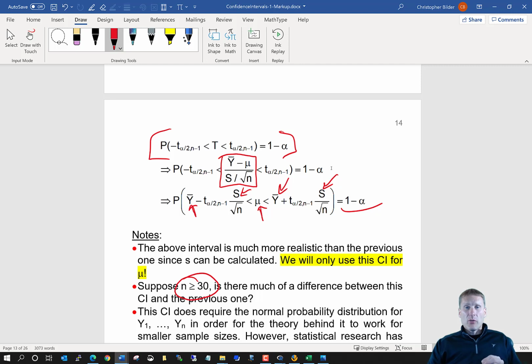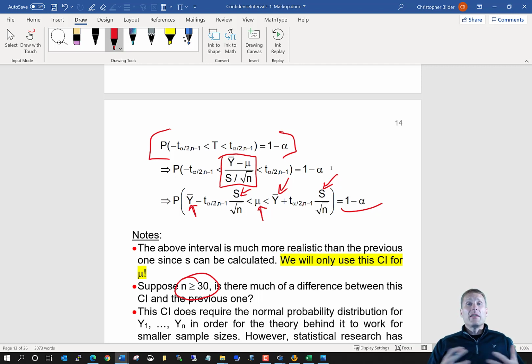Also, you can think of it this way. We normally don't know what sigma is, but let's say we did. As the sample size gets larger and larger, our sample standard deviation becomes a better and better estimate of sigma itself. So in the end, the interval based on the central limit theorem and the interval that we have now are going to be very similar.